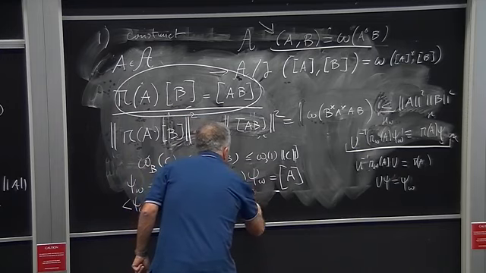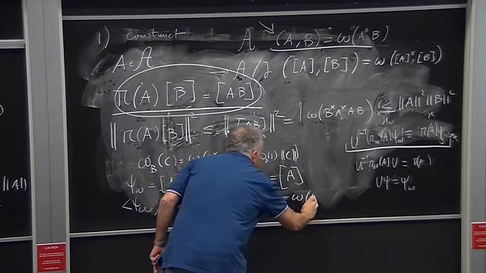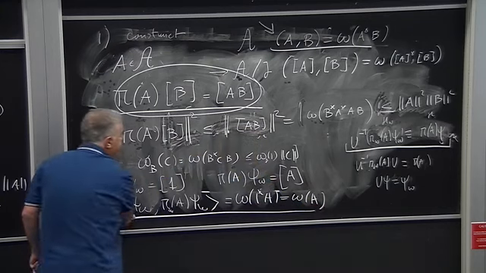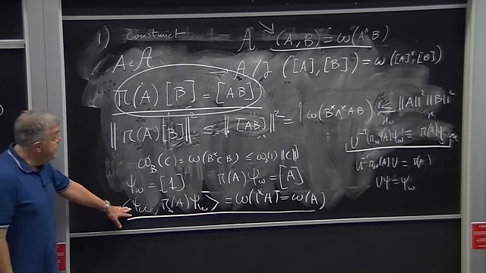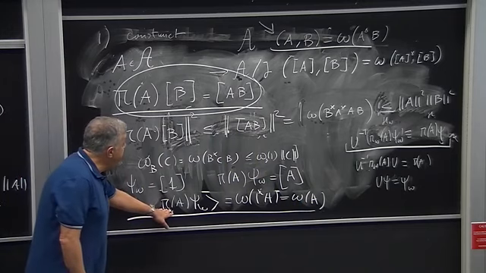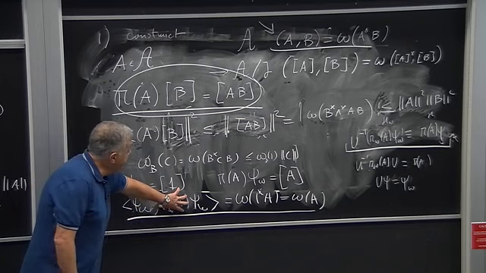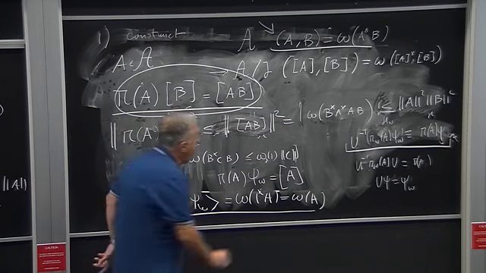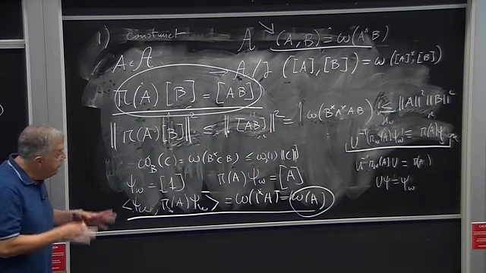This is omega of 1 star A. This is omega A. So we have constructed a representation having the required property of being the expectation values in this vector of the operator representing A equal to the expectation value of the state of the operator in the same state.